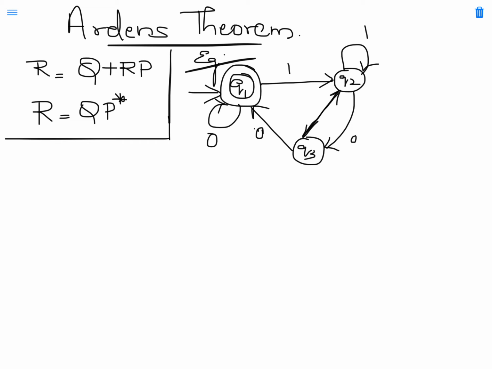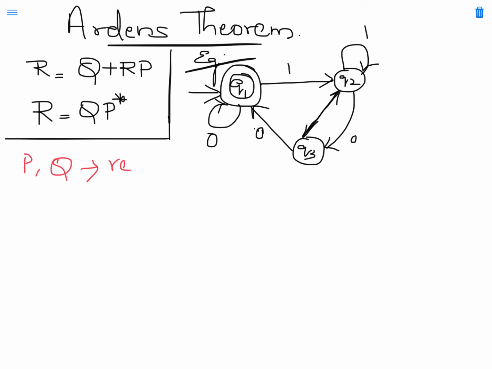Okay, so for that we are considering some variables like p and q. This p and q will be treated as some regular expression, and this regular expression will be formed from the input alphabets based on the example.